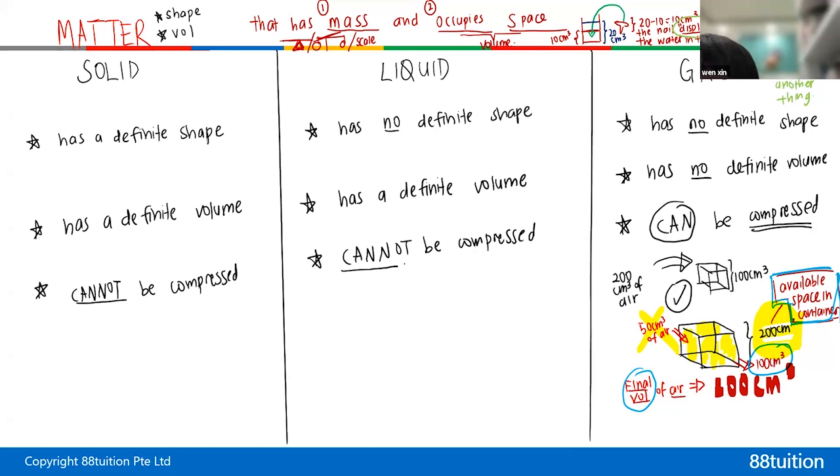Two hundred. Can you repeat that? I didn't hear it. 200. Good. So if the available space is 200, even if I let out 100 cm cube of air, how much air will there be in the container? Wen-Xin, how much?